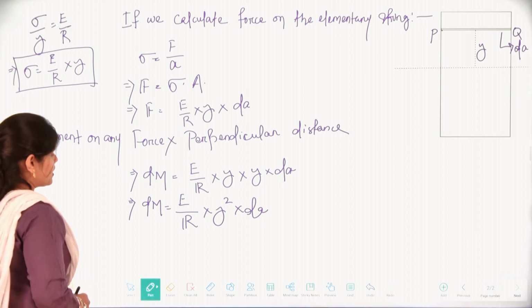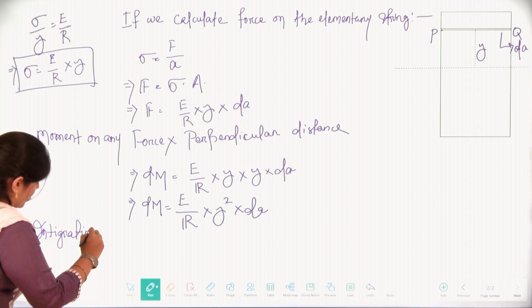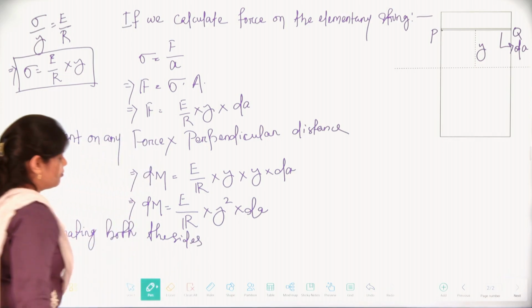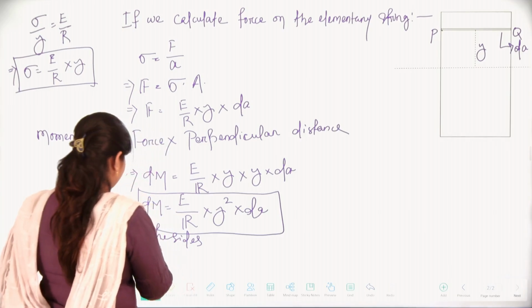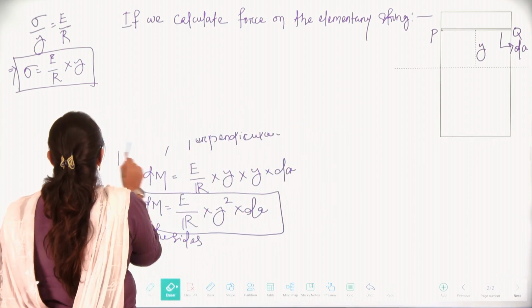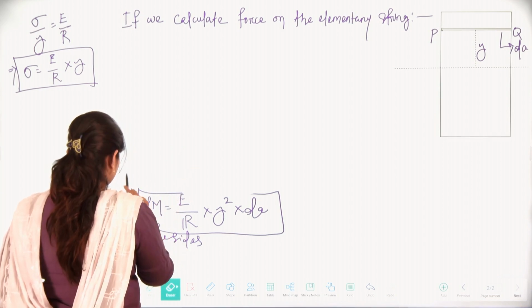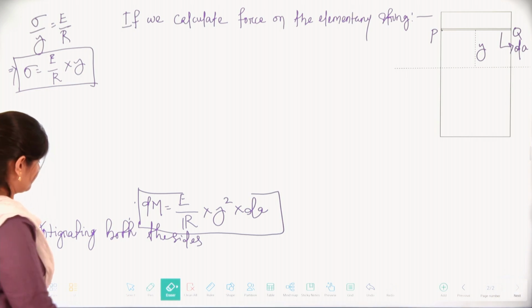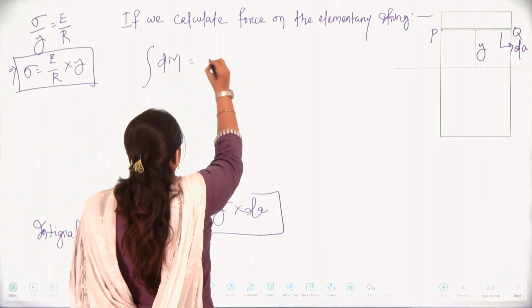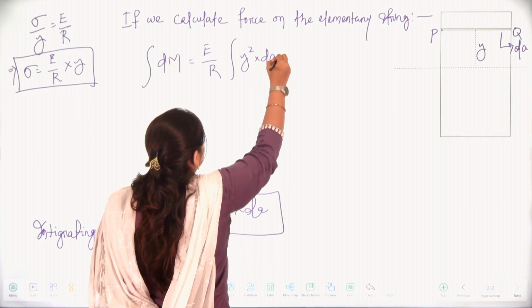If we integrate both sides, we will have the integration of dM equals E by R, which is a constant, into the integral of y square dA.